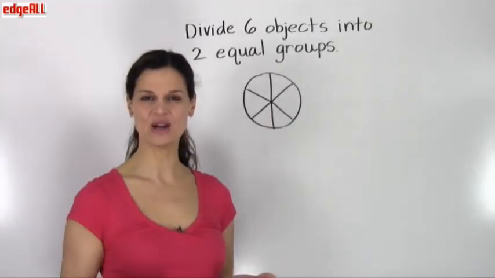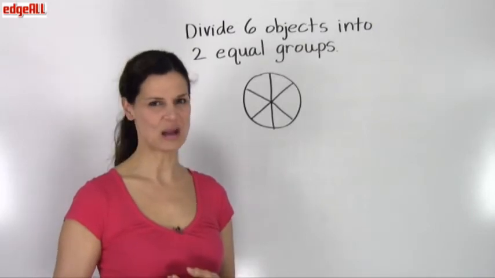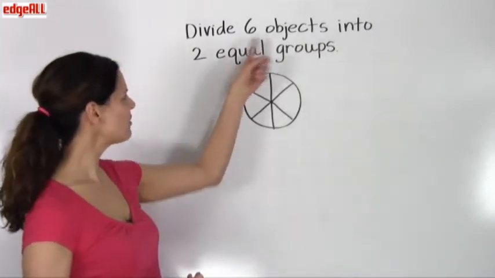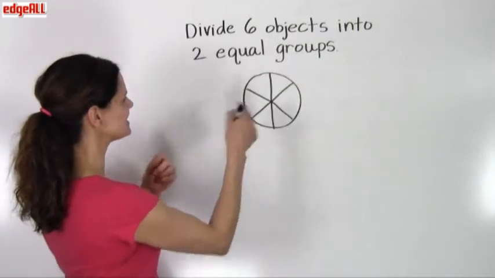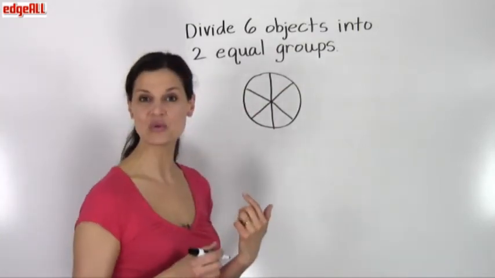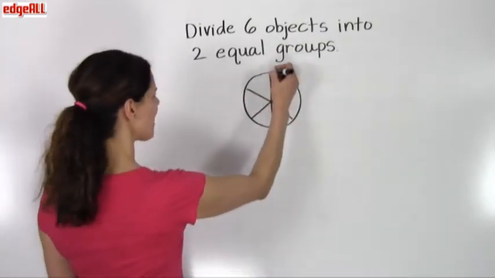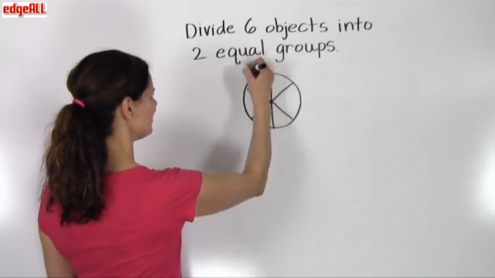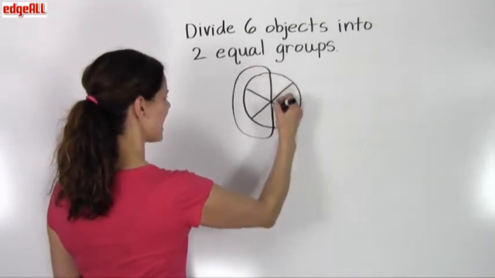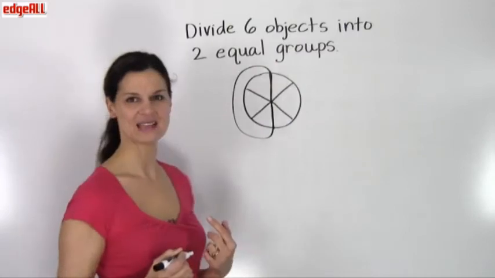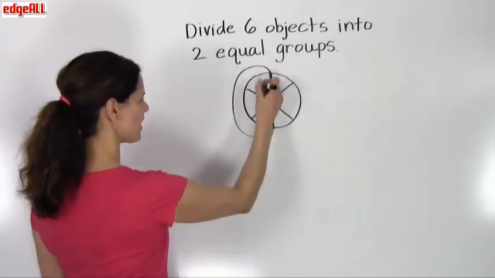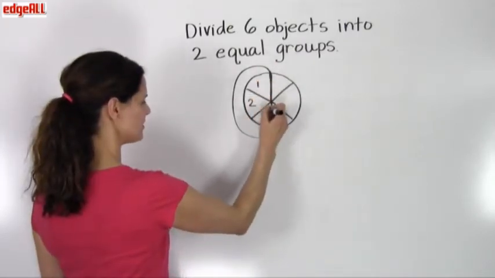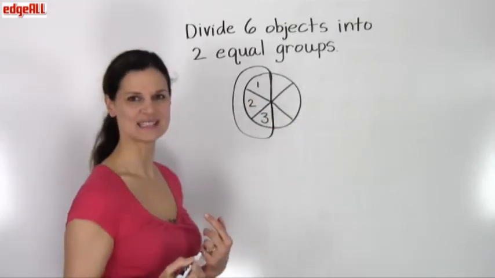6 is my bigger group, my larger number that I want divided. And I want to divide these 6 slices into 2 equal groups. So I'm just going to take it right down the middle and look at this half of the pie as one of my groups, where I've got 1, 2, 3 slices of pie.